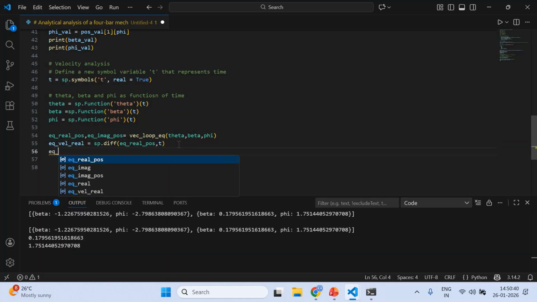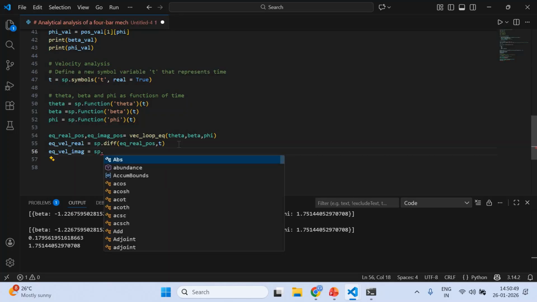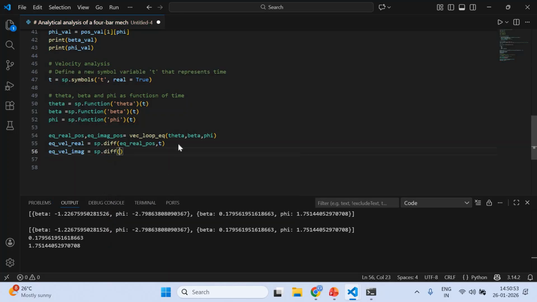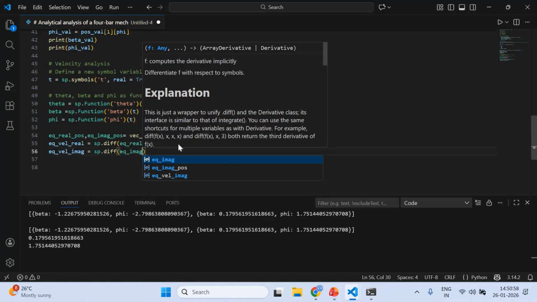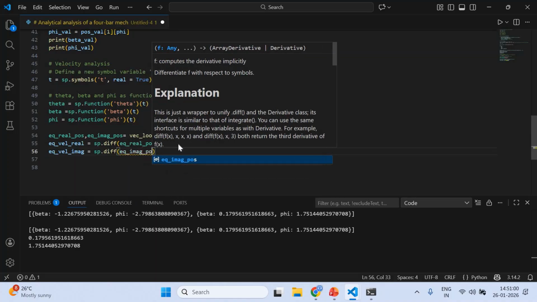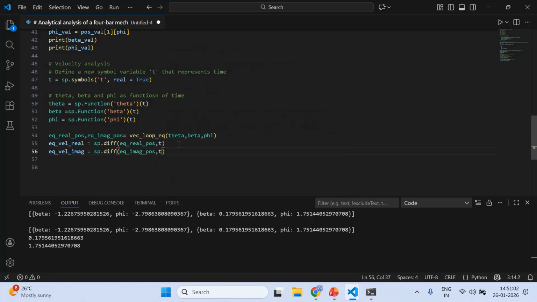So again here just differentiate the imaginary part as well. So it is equation_VL_imaginary. So sp.diff. Then again we have equation_image_pos, comma t.